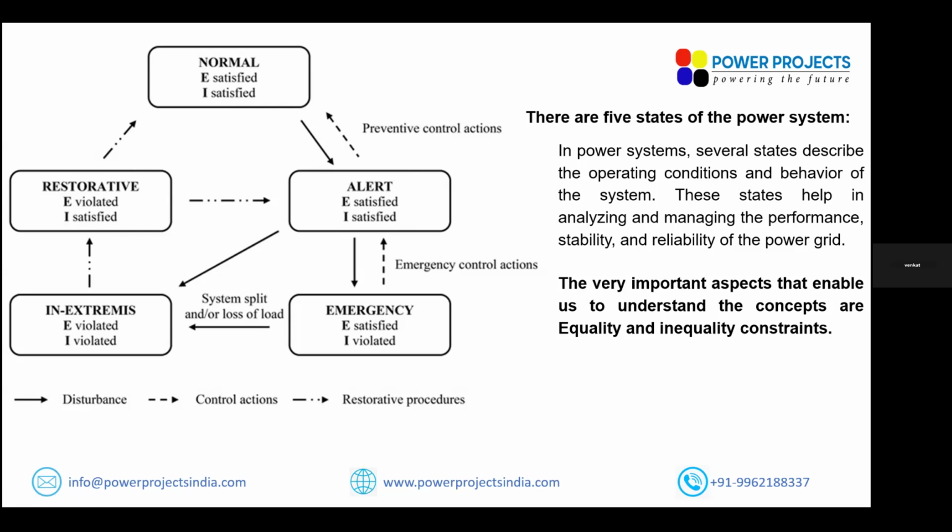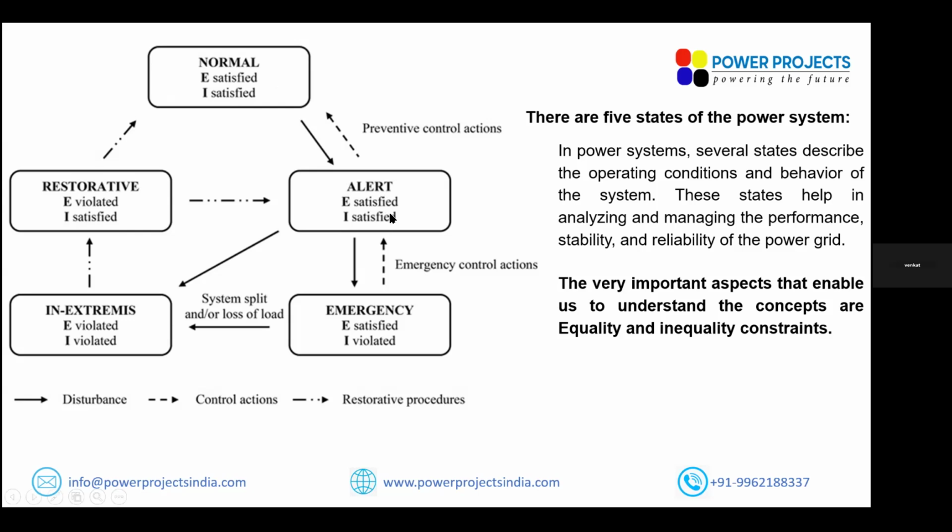The difference between alert and normal is this: in normal, when it is violating the MVA rating, the inequality constraint, that is the S rating, the power rating, at that time I will have one more transformer in parallel, which will support my system to run in normal condition.